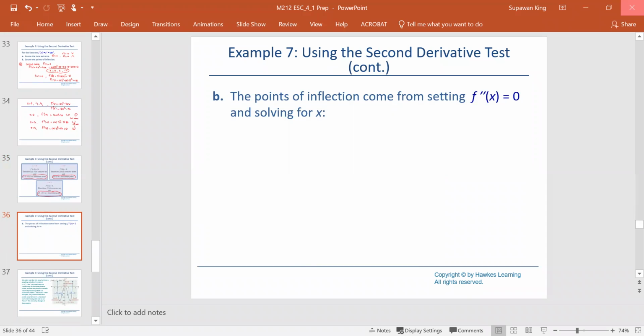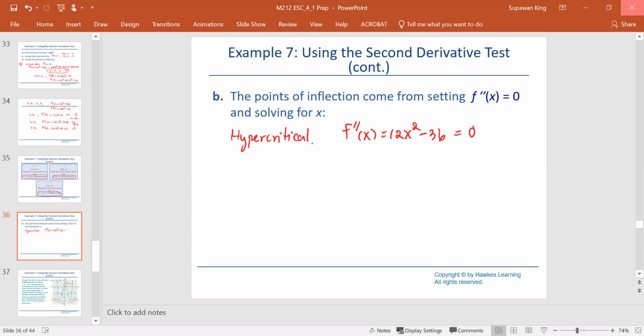Next, we're going to consider the inflection points. To find the inflection points, we're going to find the hypercritical values. Hypercritical values can be found by setting f double prime equal to 0. So our f double prime for this case is 12x squared minus 36.